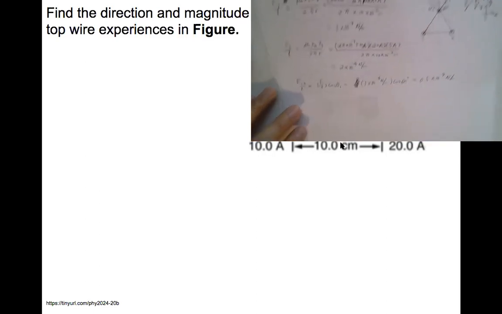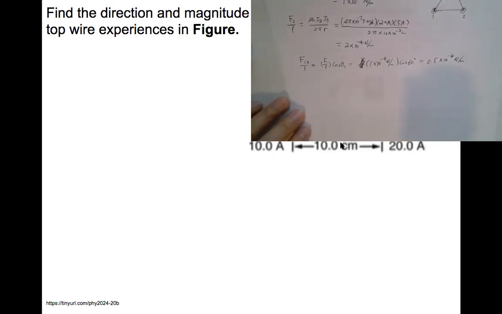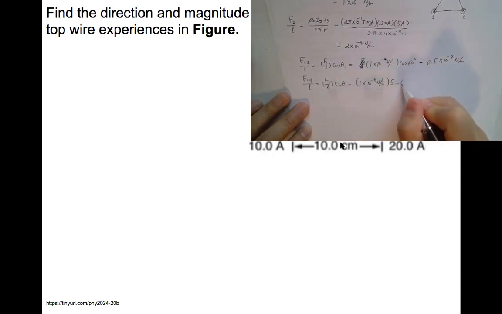This is F1x over L. F1y over L should be F1 over L sine of theta 1, 1 times 10 to the minus 4 newtons per meter times sine of 60, that should be equal to 0.866 times 10 to the minus 4.